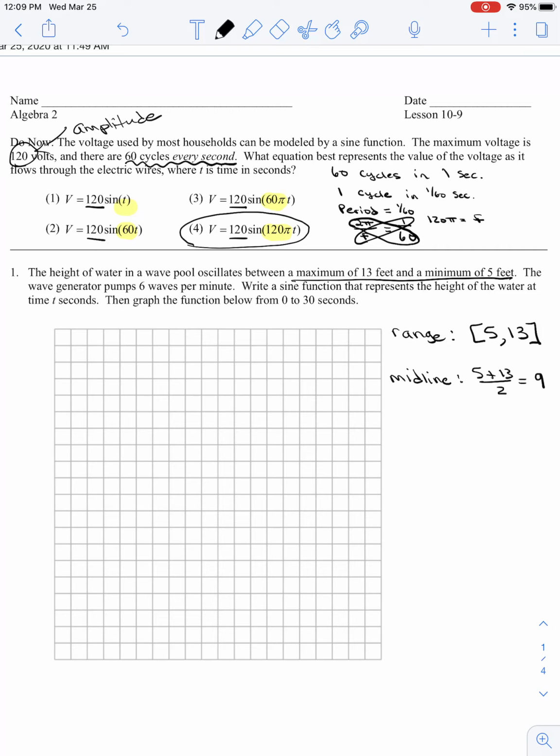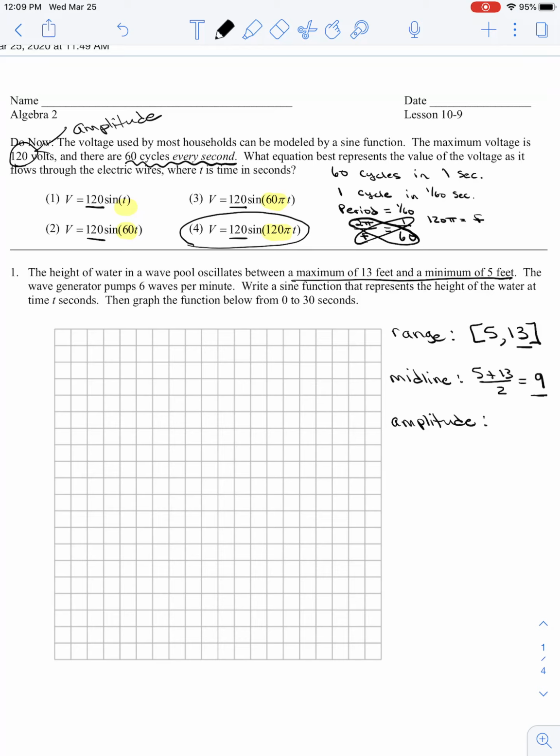Once I know that my midline is y equals 9, then I can figure out the amplitude. Here's my midline, and I'm going up to 13. So how many units are from 9 to 13? That would be 4.